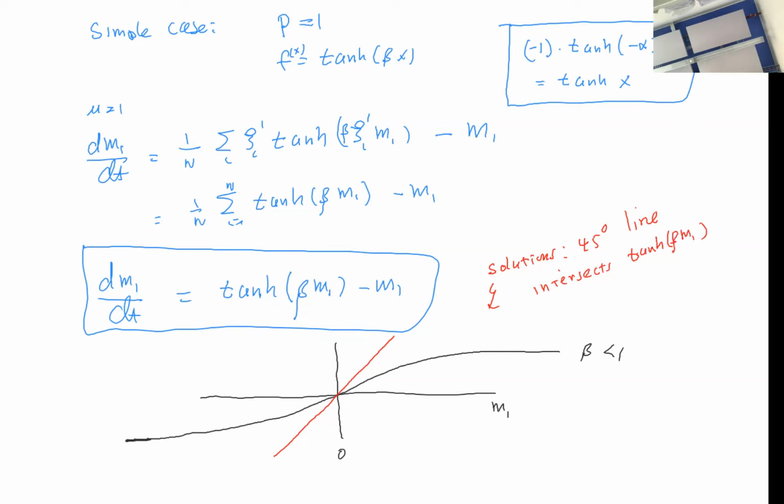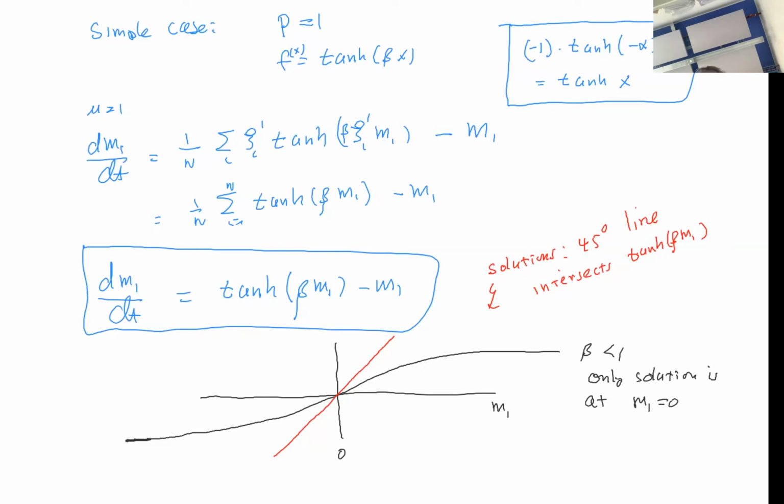So if beta is small, there's only one intersection, right? It's the only place to intersect. So the only solution is that M1 equals 0. So this doesn't really support memories.